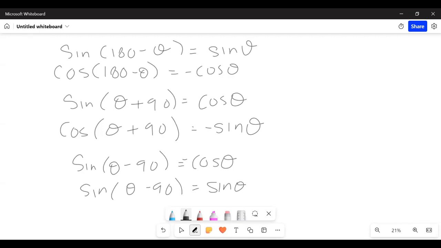Let me quickly confirm that I haven't messed up any signs. Sine(180 minus theta) equals sine theta. Cos(180 minus theta) equals minus cos theta. Sine(theta plus 90) equals cos theta. Cos(theta plus 90) equals minus sine theta. Okay. And sine(theta minus 90) is minus cos theta, and cos(theta minus 90) equals sine theta.